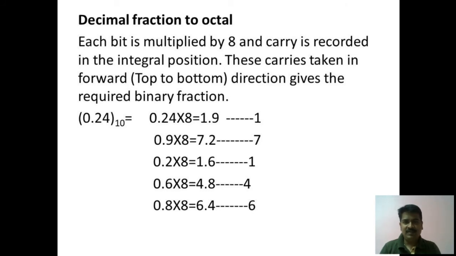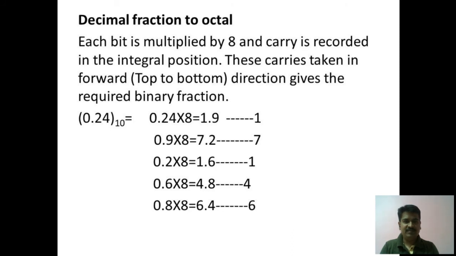See, the problem given here is 0.24, and this given number is multiplied by 8. It becomes 1.92. Integer part is 1. Write down that integer part, and we are left with 0.92. Again, you multiply 0.92 by 8. We are left with 7.36. Write down 7, and 0.36 again multiply by 8. 2.